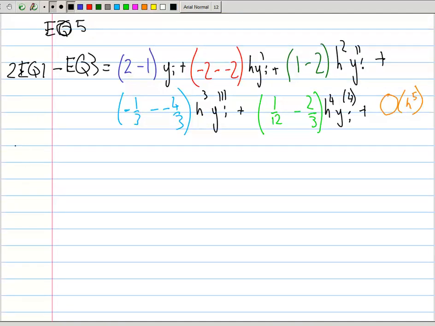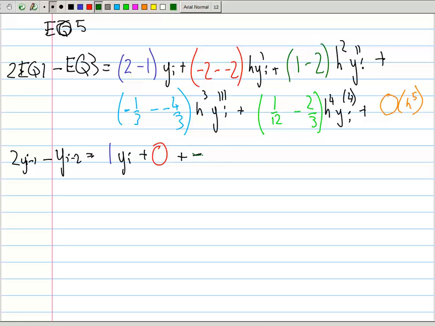On our left, we end up with 2yi minus 1 minus yi minus 2 is equal to 2 minus 1 is 1. We have yi. Minus 2 minus minus 2 is 0. We have plus, I'm going to put 0. Plus 1 minus 2 is minus 1.